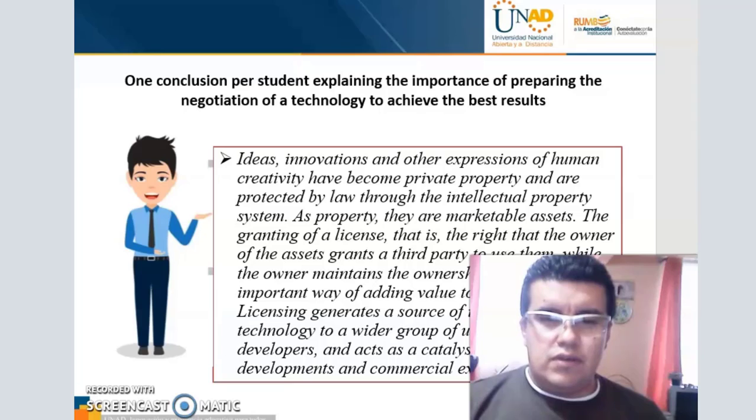The granting of a license, that is, the right that the owner of the assets grants a third party to use them while maintaining ownership of them, is an important way of adding value to such assets. A license generates a source of income, spreads the technology to a wider group of users and potential developers, and acts as a catalyst for other developments and commercial exchange.